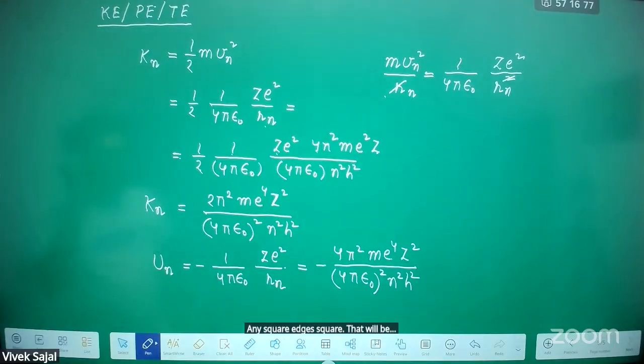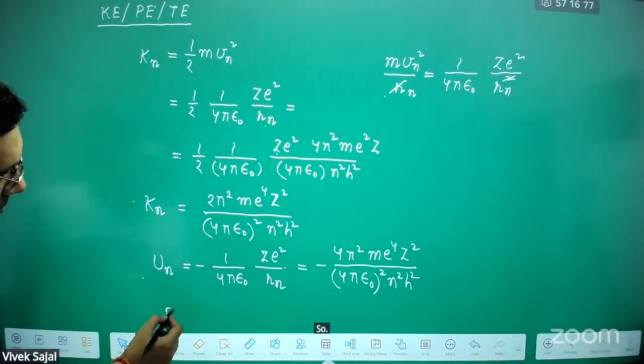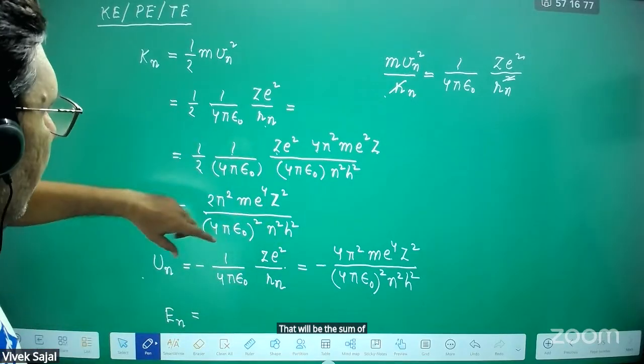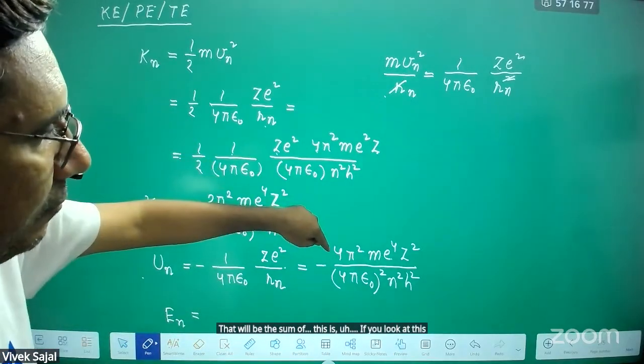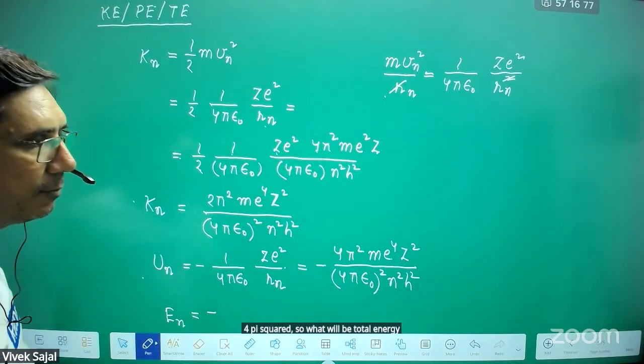Now, what will be the total energy of the electron in the nth orbit? That will be the sum of these two. So En, if you look, that will be the sum of these. This is 2 pi square, this is with minus sign 4 pi square. So what will be the total energy of the bound state here?